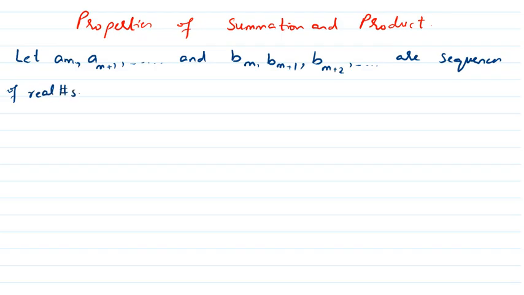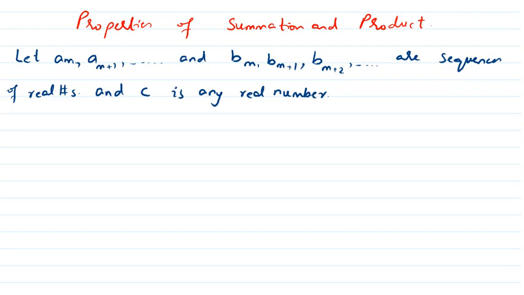Both A's and B's having certain number of terms, they are representing real numbers, and there is a constant C which is any real number. You people are well familiar with the family of real numbers because C is any constant.